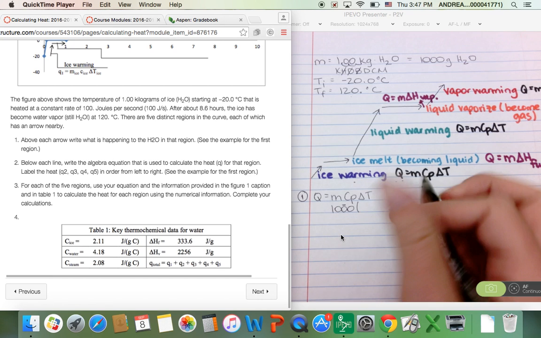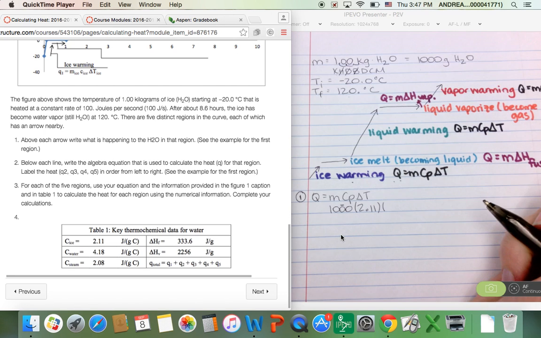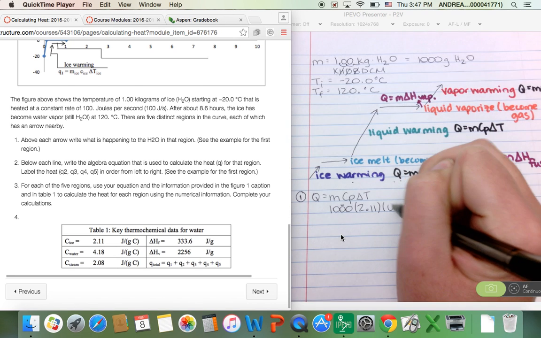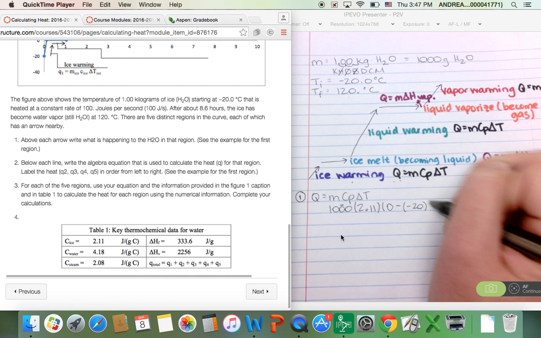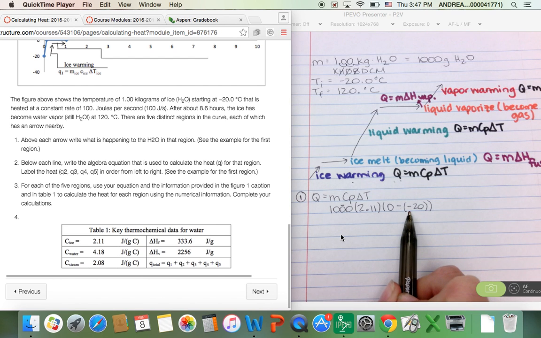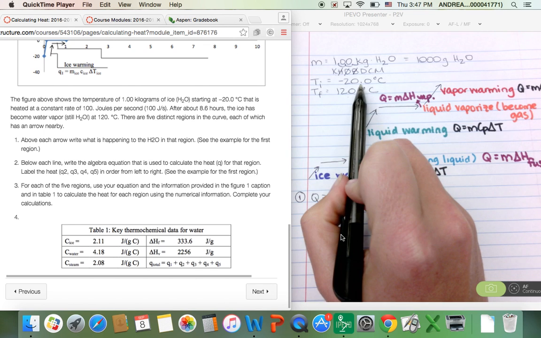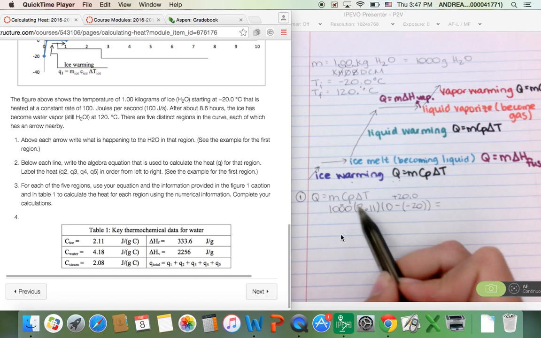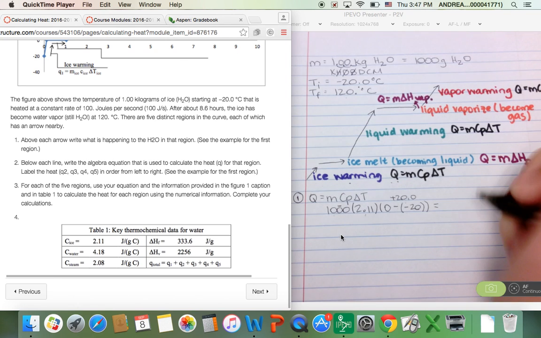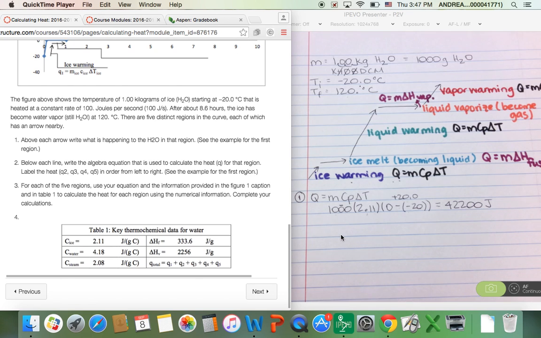So the specific heat of ice is 2.11, and my change in temperature, final minus initial, will be 0, because that's when ice melts, minus negative 20. So 0 minus a negative 20 gives us a positive 20.0. We've got 3 sig figs, so I get 42,200 joules.